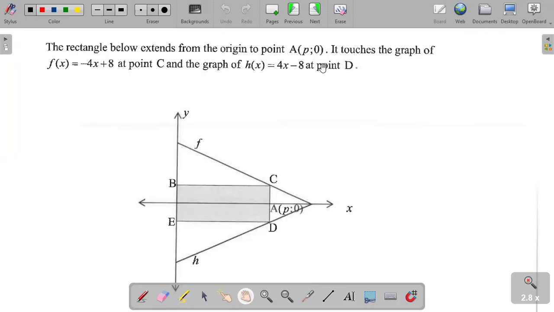It touches the graph of f of x equals negative 4x plus 8 at point C, and the graph of h of x equals 4x minus 8 at point D.